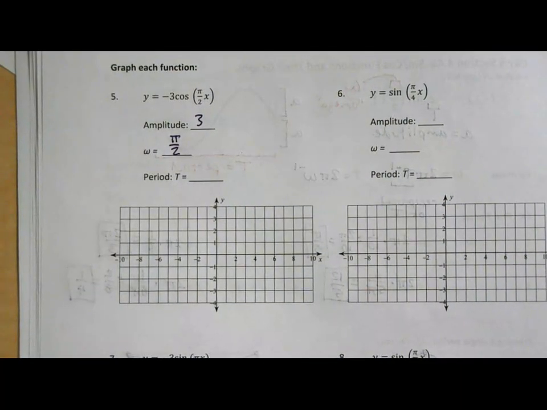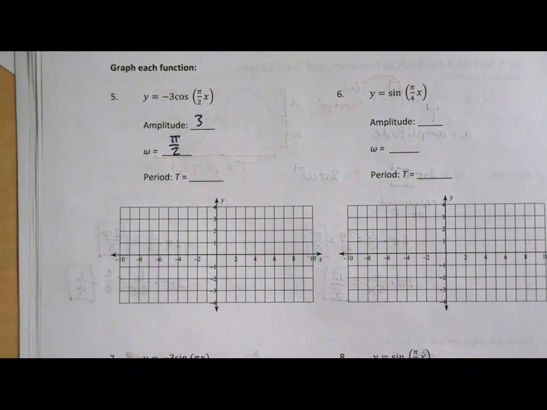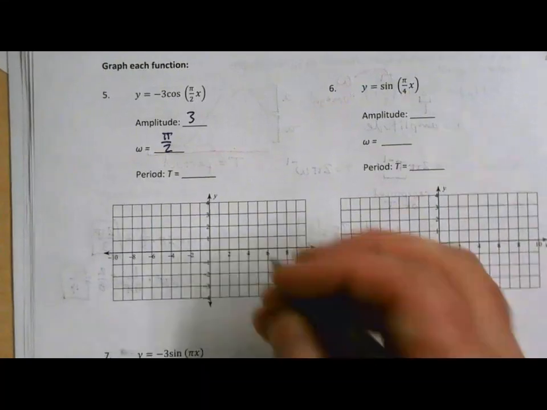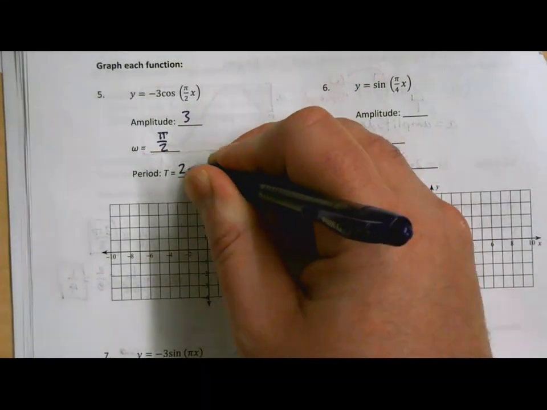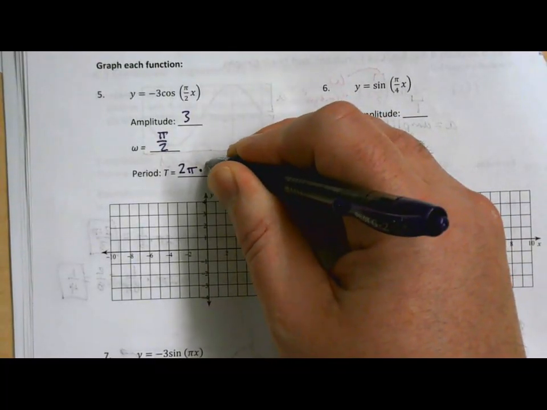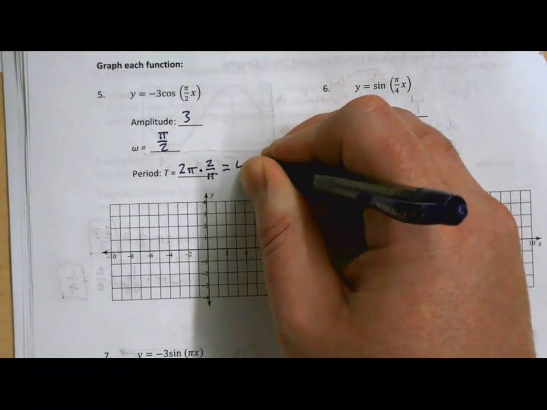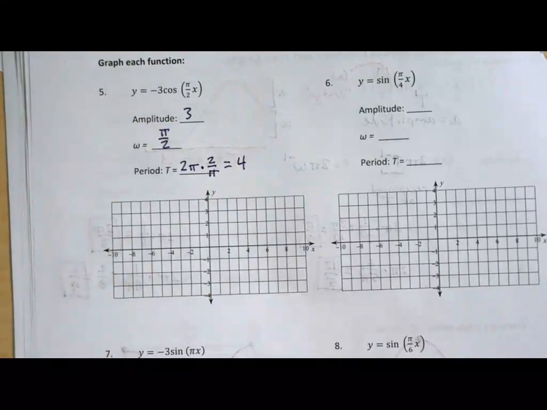And if we know that omega is pi over 2, then we can find our period. You guys practiced doing that on the last page. As a reminder, it's 2 pi times the reciprocal of omega. So 2 pi times 2 over pi. The pi's are going to cancel. That's 4.